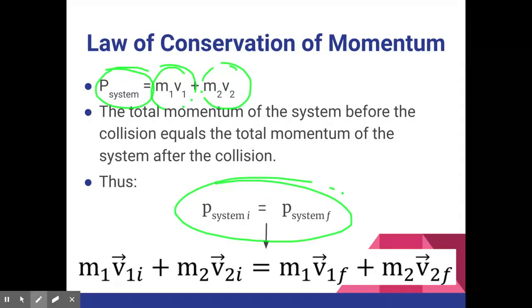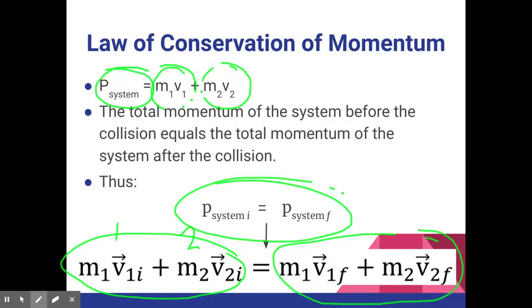And then you can break it down like this: momentum of the first object plus momentum of the second object, this being before, and then the momentum of the first object plus the second object, this being after, okay?